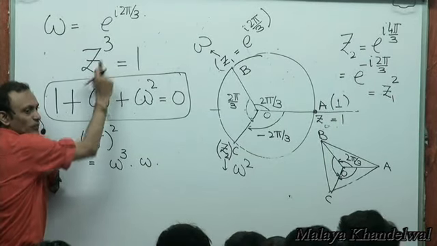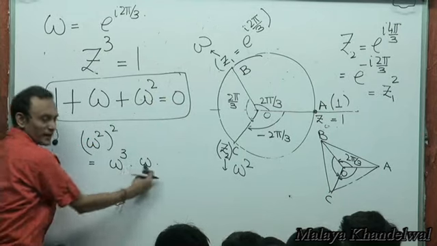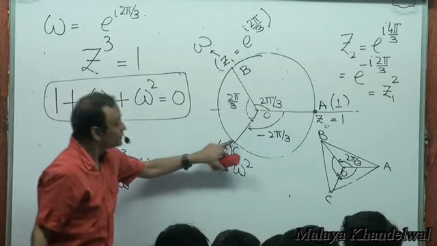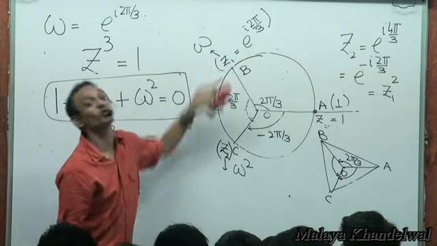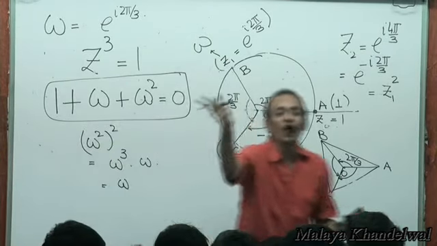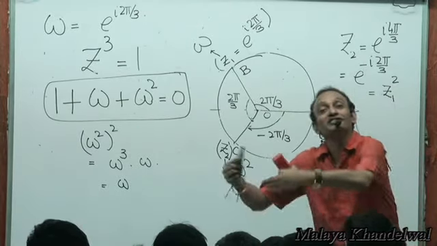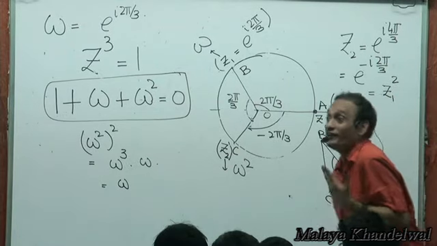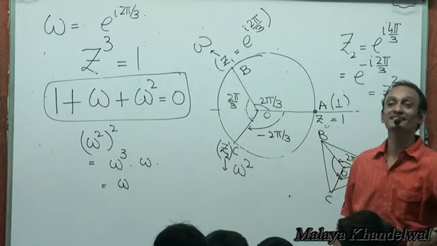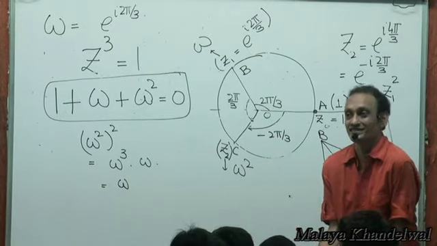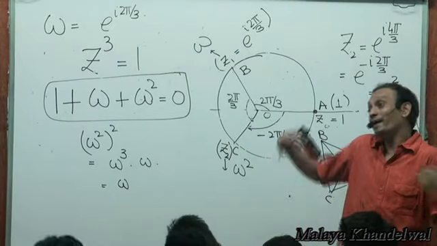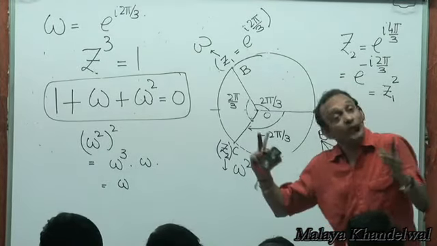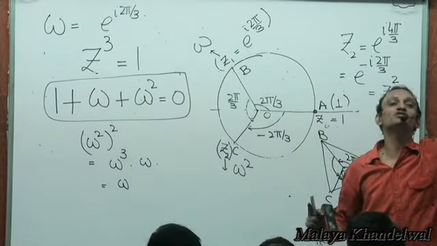So omega cubed is 1, which gives me omega. That means this is the square of this, and this is also the square of this. So the two complex cube roots of unity are squares of each other. That you would not find in real numbers. But in complex numbers, such a beautiful thing occurs, right? Omega squared is the square of omega, and the square of omega squared will give me omega. They are squares of each other.